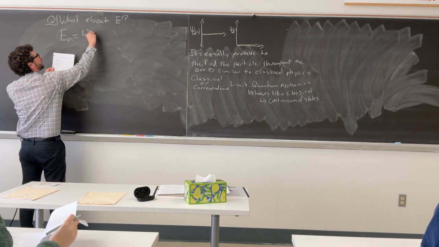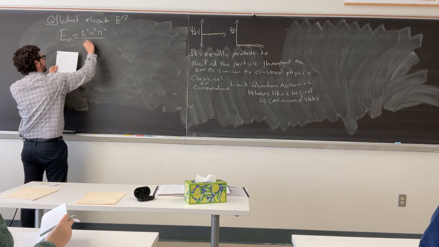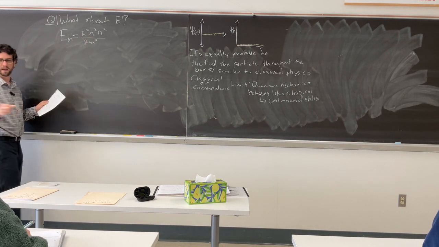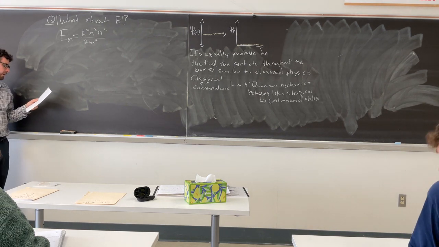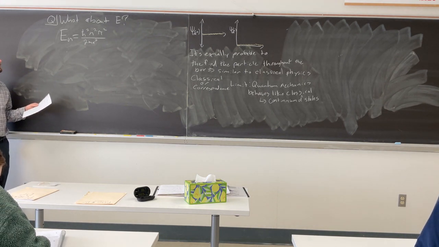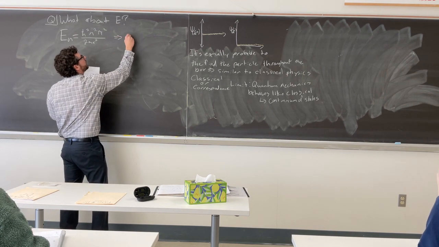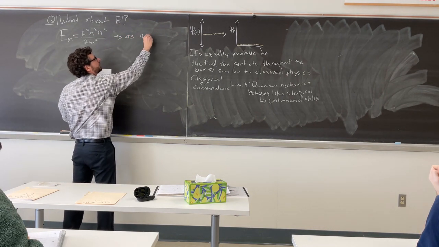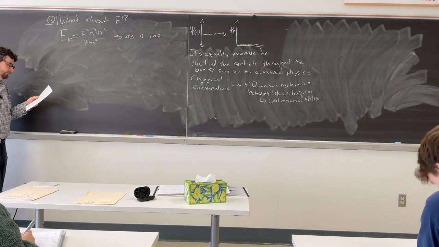H bar squared, n squared, pi squared. Did we do that? Or am I screwing something up with an H bar? Okay. All right. So what does this say? As the value of n increases, what happens to our energy?